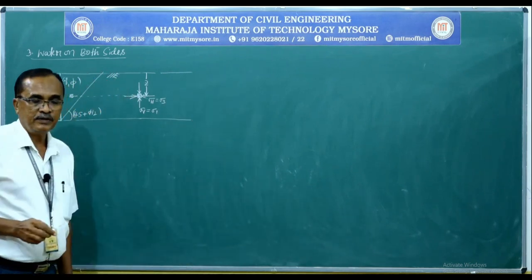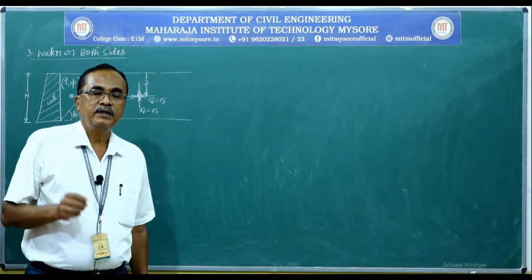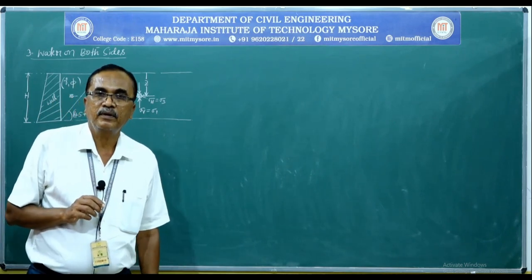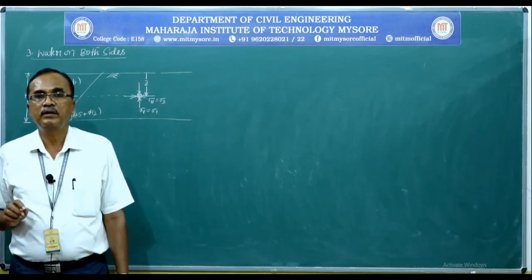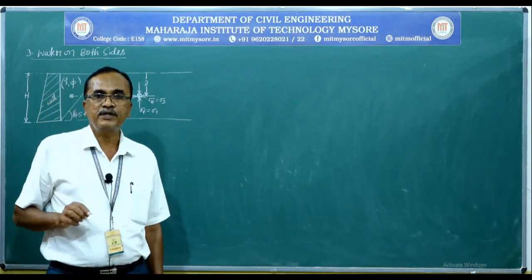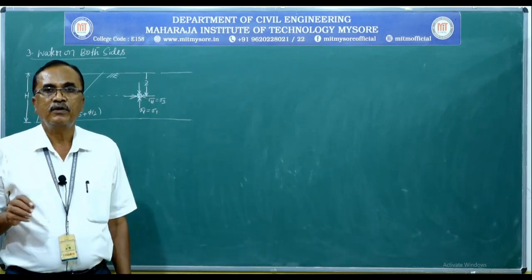So in the previous case, for the submerged backfill, earth pressure acting on the wall is due to two components, namely submerged weight of soil and water.